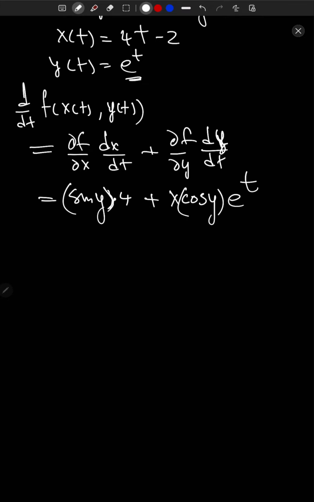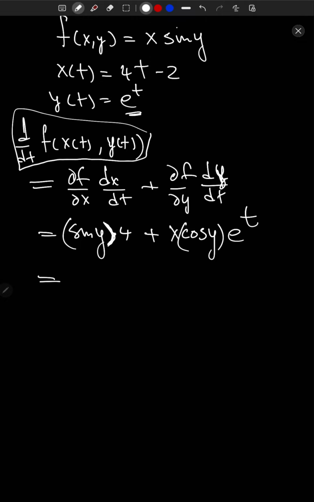All right, now it's kind of unsatisfactory to leave it like this because we're working with just a one variable function. So if I did want to convert everything to t's, then I just use my instructions right up here. All right. So x of t is 4t minus 2. So every time we see an x, we replace it with 4t minus 2. y of t, every time we see it, we replace it with e to the t.